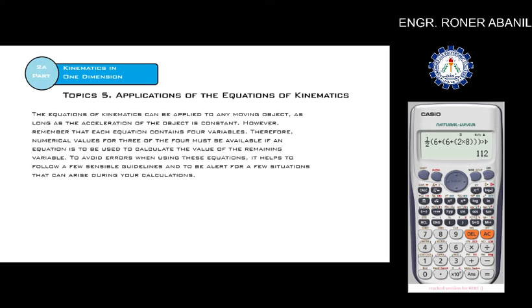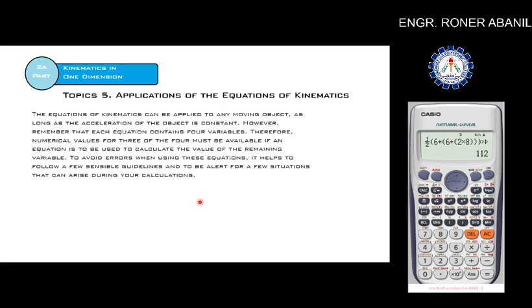So, application of kinematics. The equation of kinematics can be applied to any moving object as long as the acceleration of the object is constant. However, remember that each equation contains four variables.